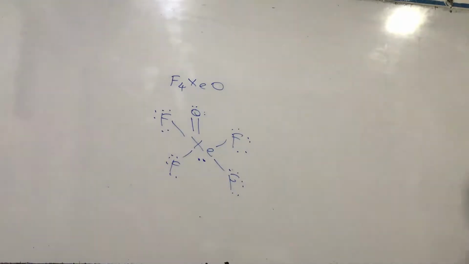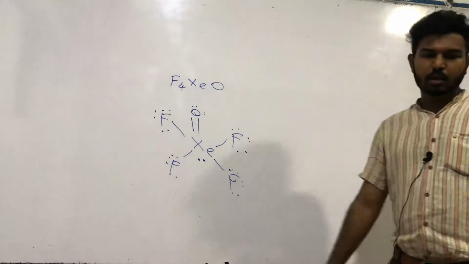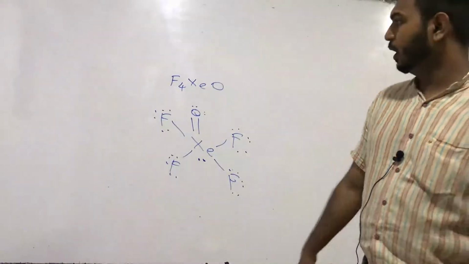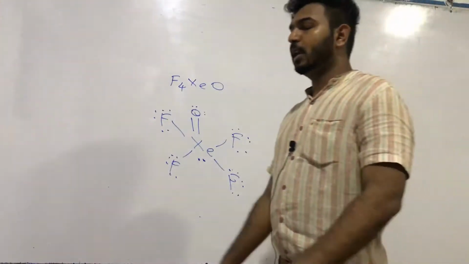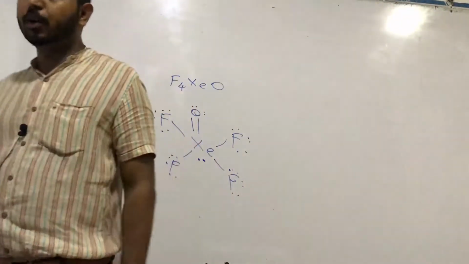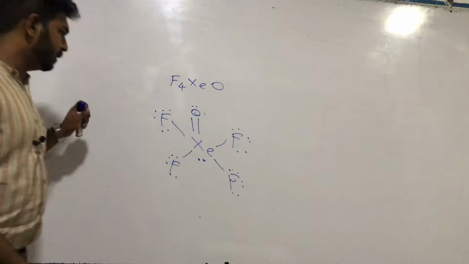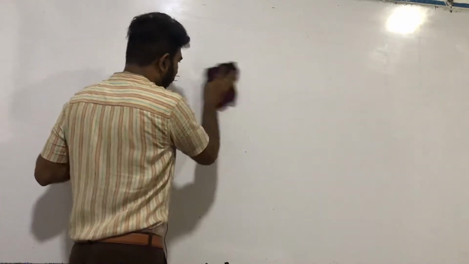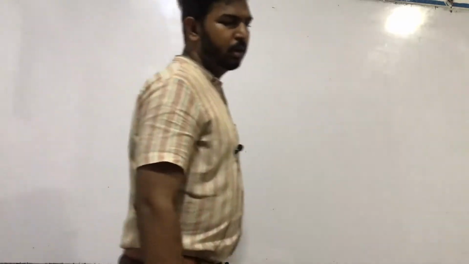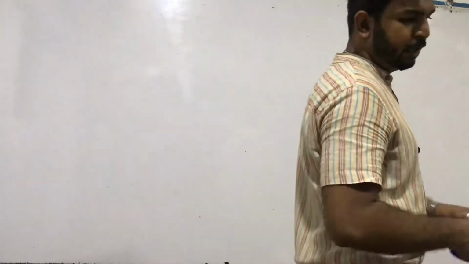Okay, so today we have studied how to draw these molecules. Today your homework is, please complete this one, and you have to try all the molecules in this tube.